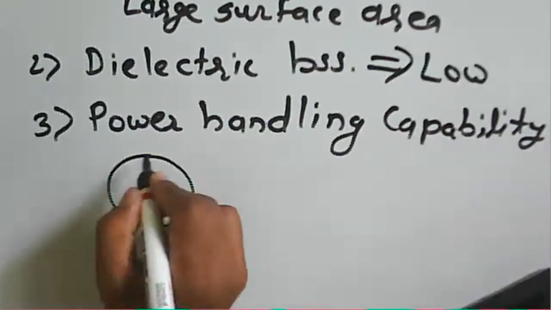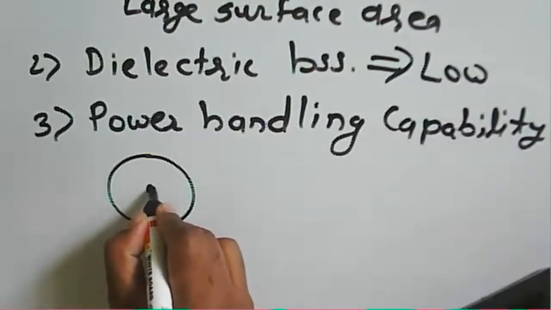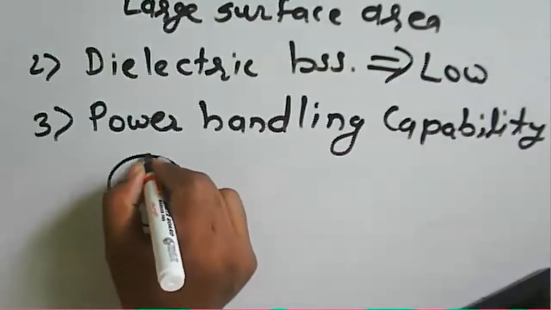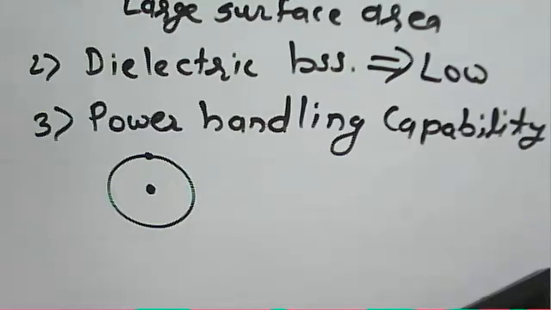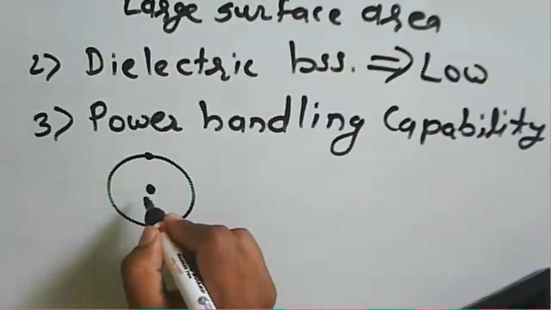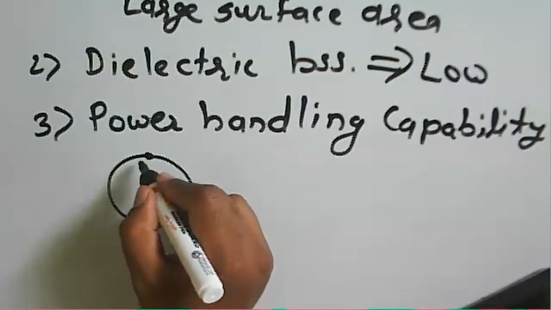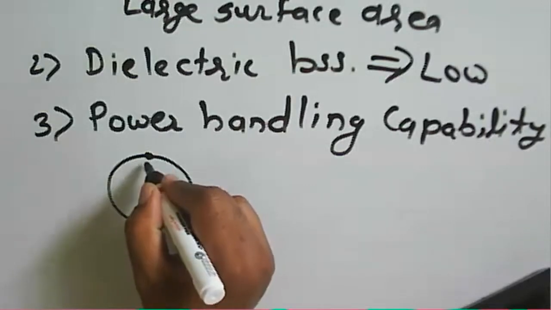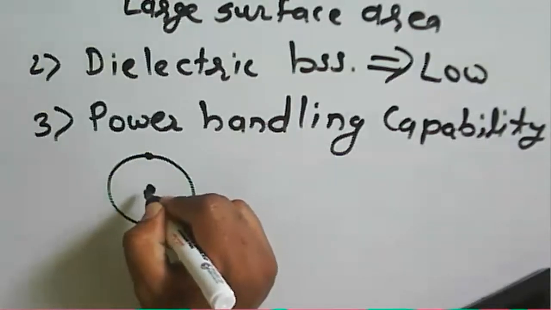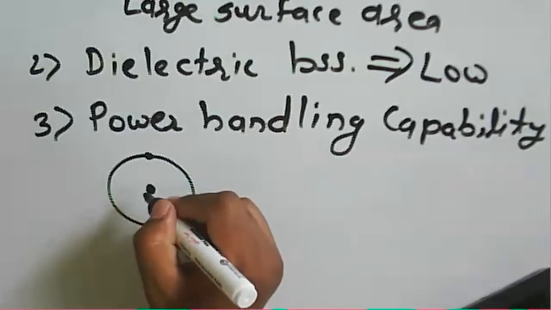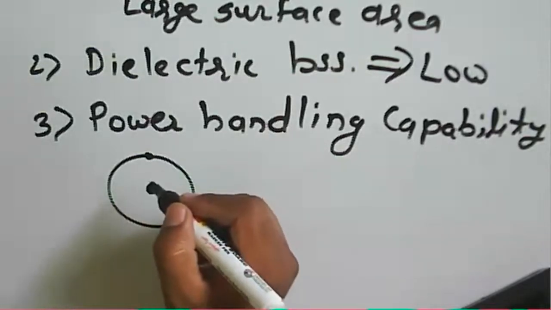In a coaxial cable, it has an inner conductor and an outer conductor. Because the distance between the inner conductor and the outer conductor is small here, the power handling capability of this wire reduces.